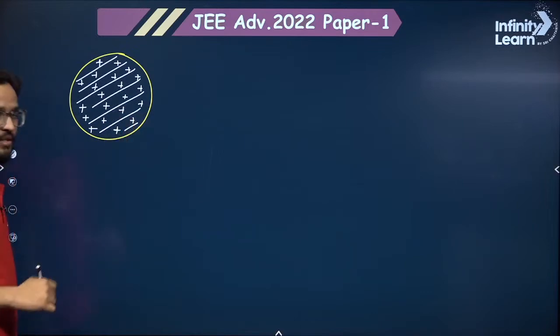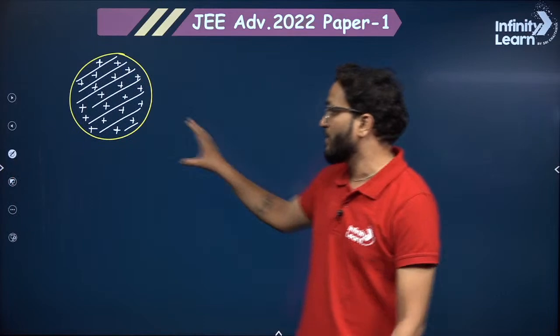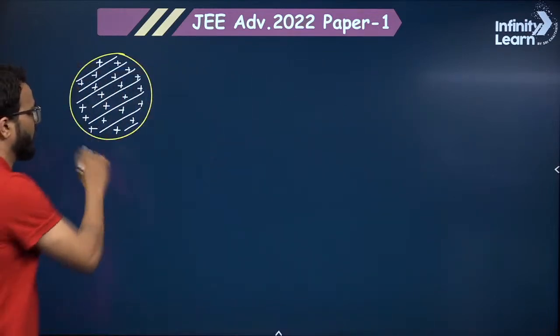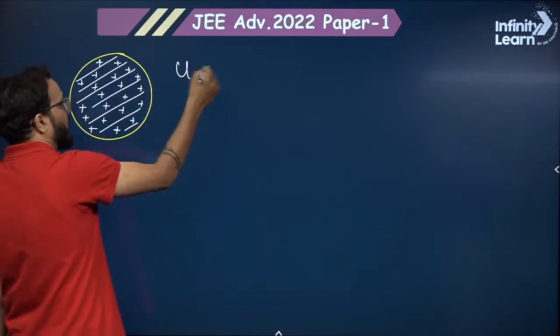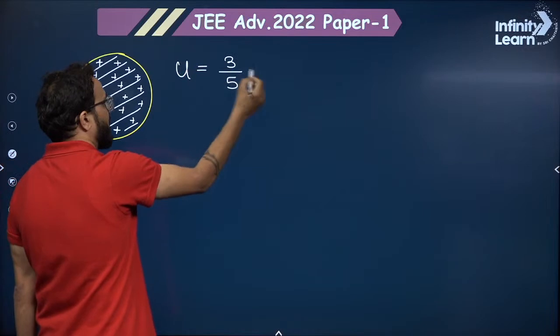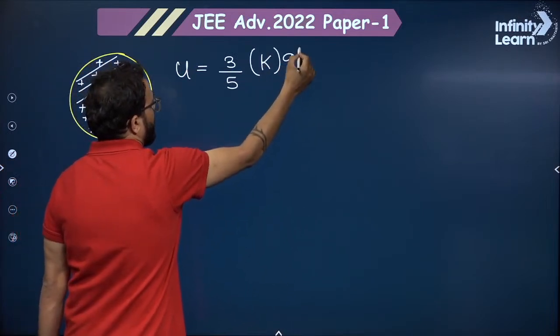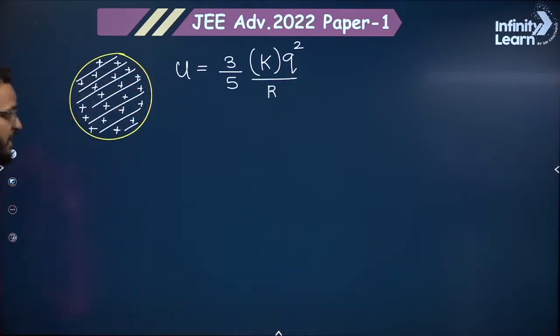We have studied a uniformly charged non-conducting sphere where the charge is completely distributed inside its volume. What is the total potential energy because of the positive charges or their repulsion? It is 3 by 5 K Q square by R. Do you remember this formula, right?